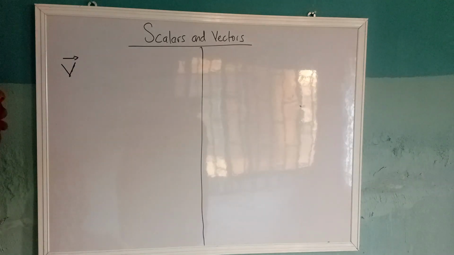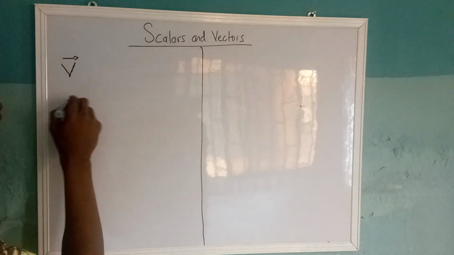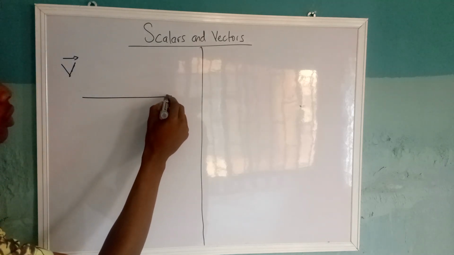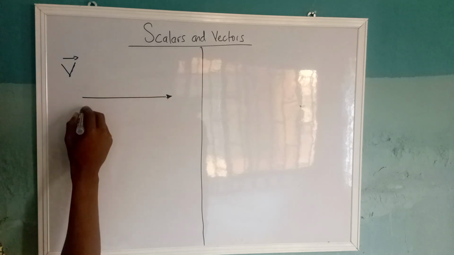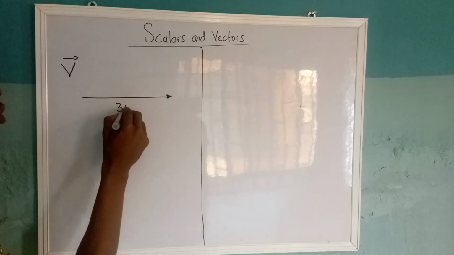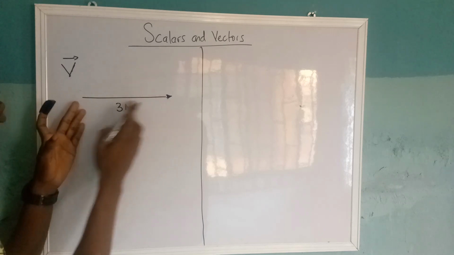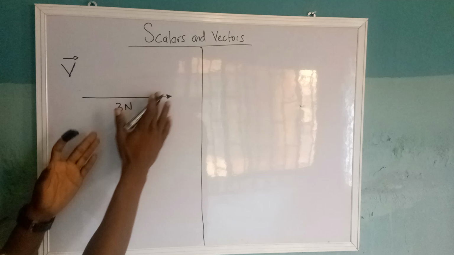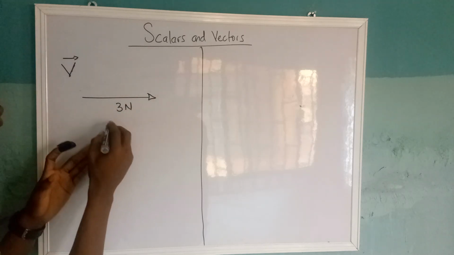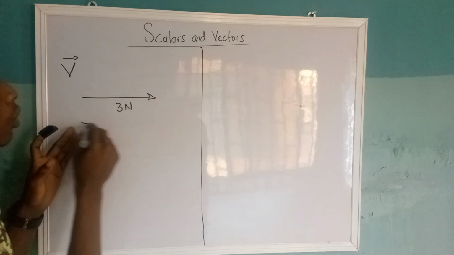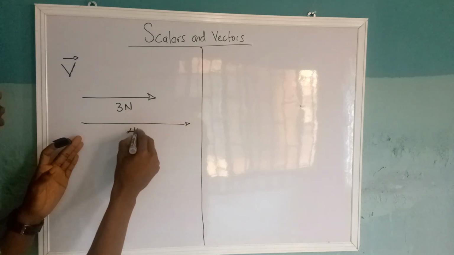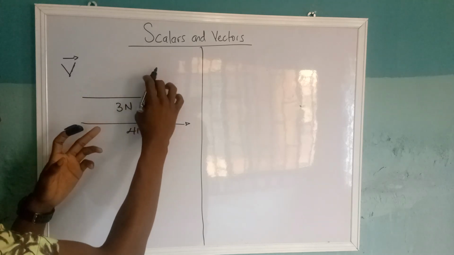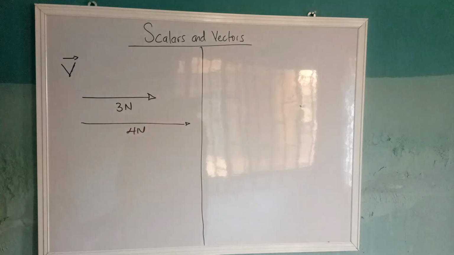And then the length: for instance, if I should draw a force vector, say a 3 Newton force, the length is proportional to the magnitude. So I would naturally not draw a 3 Newton force longer than I would draw a 4 Newton force. This basically tells you about the magnitude, the line, and then the arrow pointing tells you about the direction.